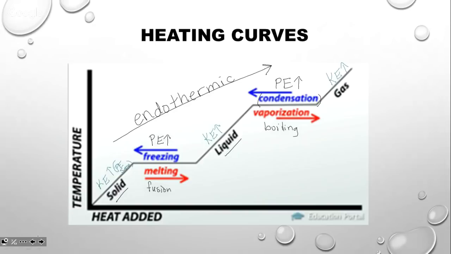When the potential energy is changing at the phase change, kinetic energy is remaining the same. So only one type of energy changes at a time. Potential energy changes at a phase change. Kinetic energy does not. Kinetic energy changes when the temperature is changing. Potential energy does not change there. Hopefully that answered your question.